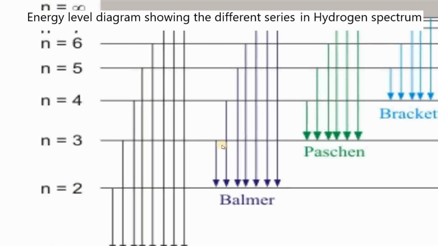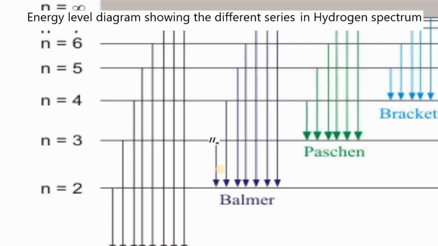As we can see here, when the electronic transition takes place from n equal to 3 to n equal to 2, we get the first line of the Balmer series. This line is called the H alpha line. This is the line with the longest wavelength.